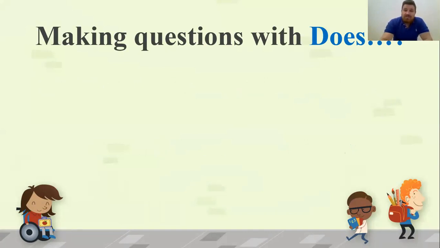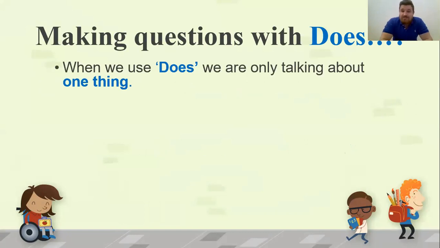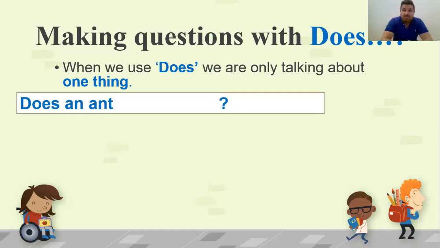All right, we should know that when we use does, we are only talking about one thing. So we start with does, and then we say an ant or a spider or a cricket. Okay, so we start with something like this.